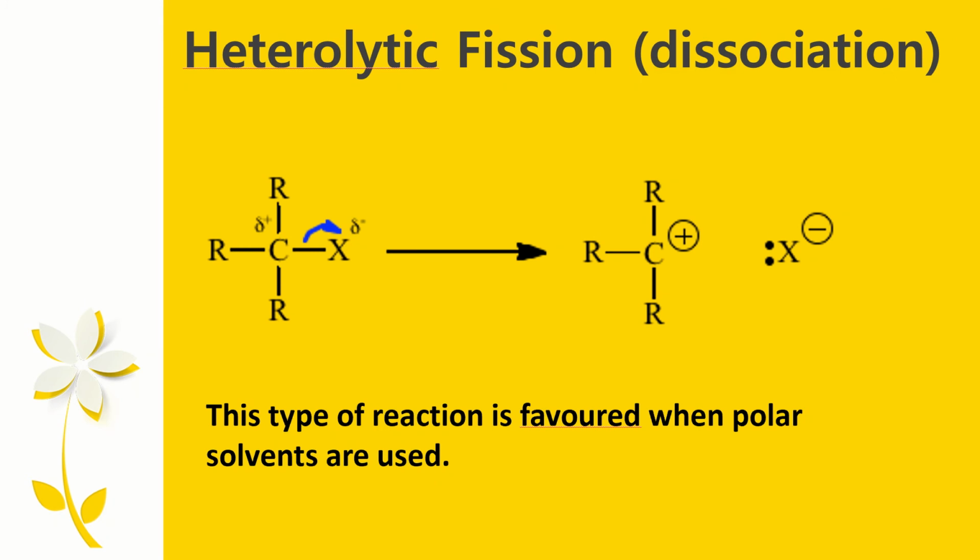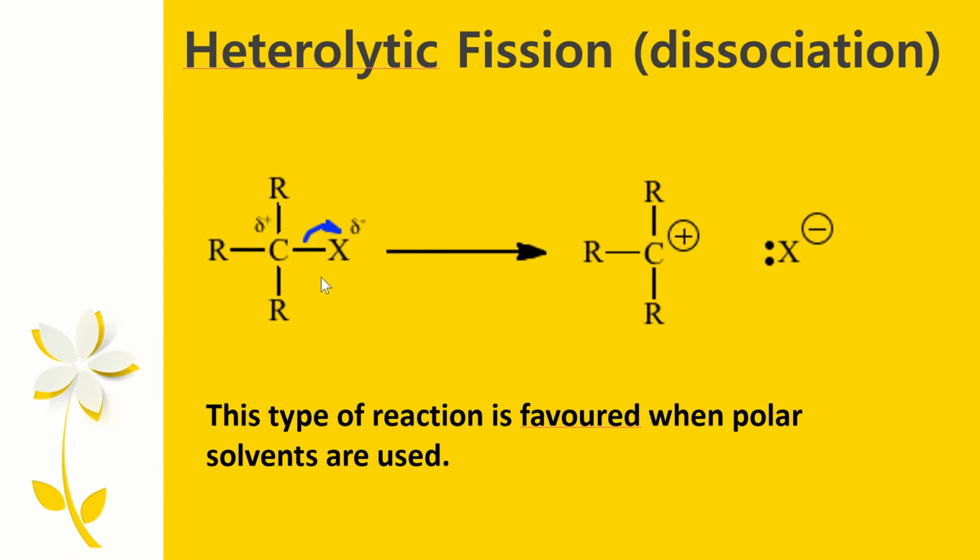So the first is the heterolytic fission or dissociation, right? So here we see the opposite of the carbanion. I hope you're thinking like that, because with the carbanion we went this way, and with the carbocation we go the other way, right? So the pair of electrons will now reside on the halide in this case.